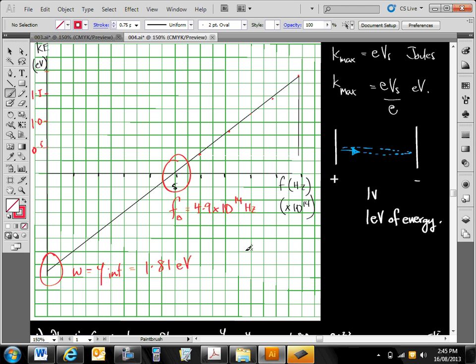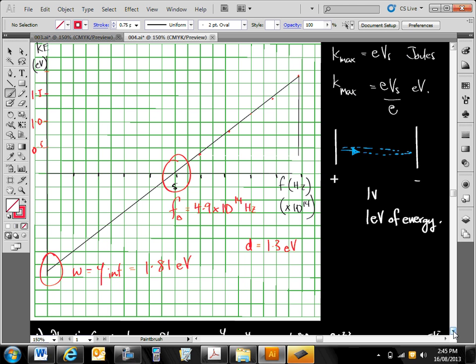So part D equals 1.3 electron volts. If you wanted to change that to joules, how would you do that? Yeah, multiply by the electron charge and you get that value in joules.